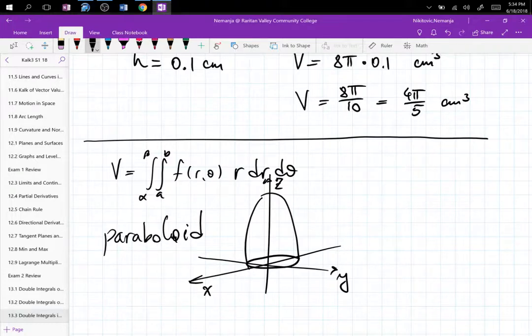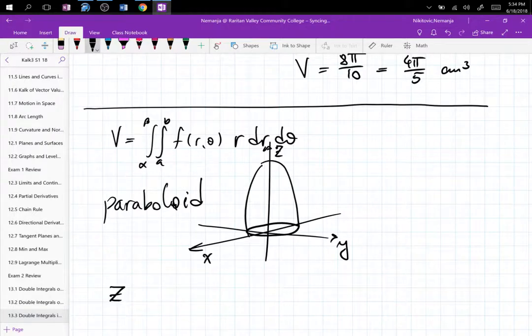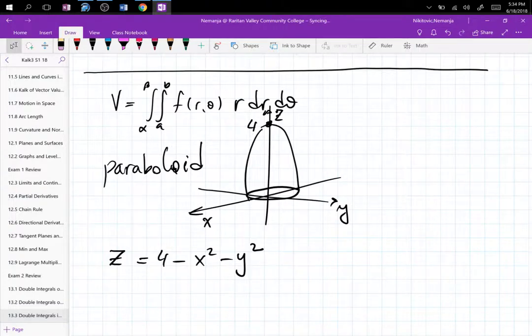And let's say you have that z is equal to, we pick, let's say, 4 minus x squared minus y squared. First of all, you see that this wraps around the z-axis because it's z equals.